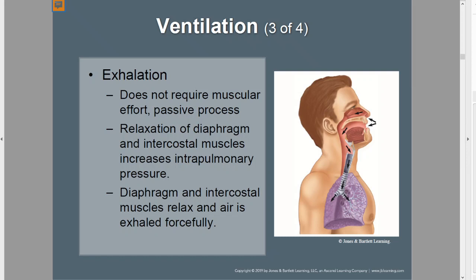That can change when we're in respiratory distress, but right now we're not.